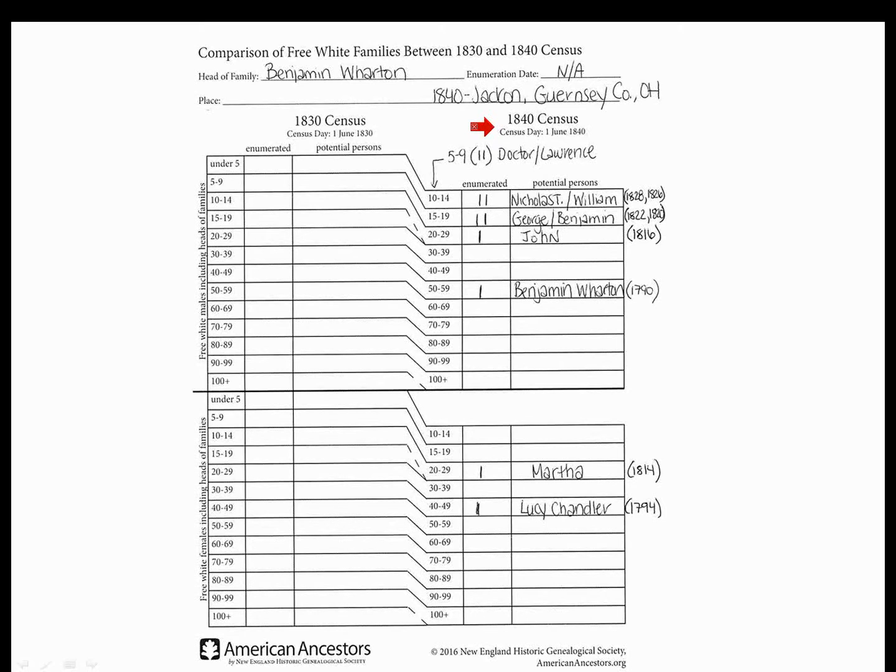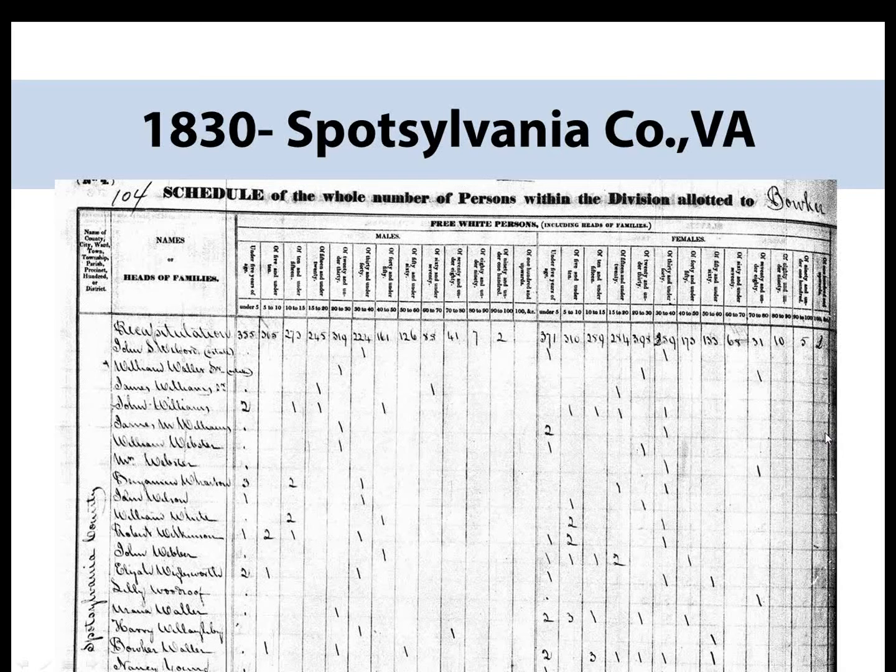Now when we're going back to 1830, all of these individuals should fit into the column to the left. So like this, Lucy Chandler should be here in the 1830 census if all goes well, which hopefully it will.